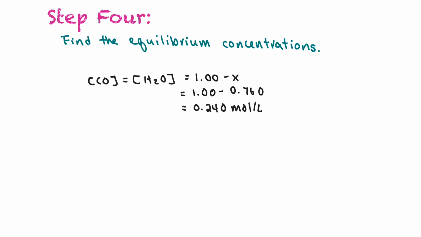So those are our equilibrium concentrations for carbon monoxide and water. The concentration of carbon dioxide is equal to the concentration of hydrogen, and that's just equal to x. So that's equal to 0.760 moles per liter. So that took a little longer to solve, but there you go. We now know our equilibrium concentrations by knowing the equilibrium constant and the initial values.